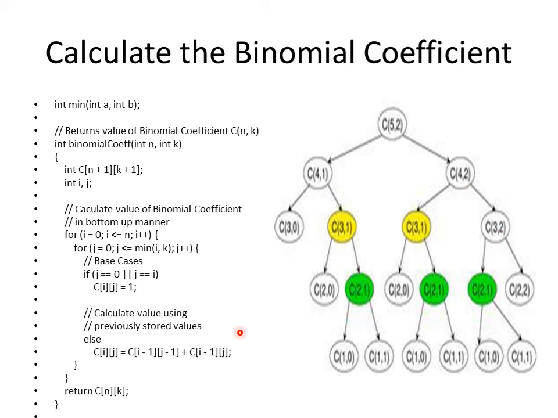Next, 3 minus 1 is 2, and j is 1, so 1 minus 1 is 0. Now C of i, j with 3 minus 1 is 2 and j is 1 as it is. The same thing recursively gives values 1 comma 0 and 1 comma 1. Similarly for 2 minus 1, 2 of 2, and C of 1, 0 and 1, 1.